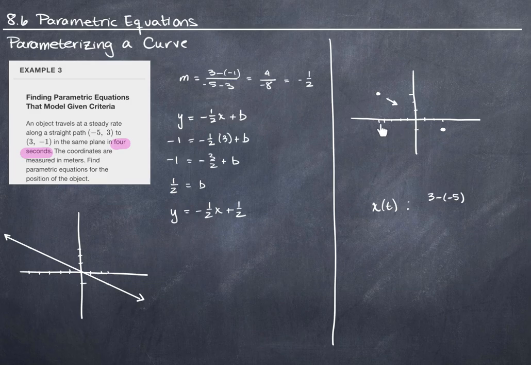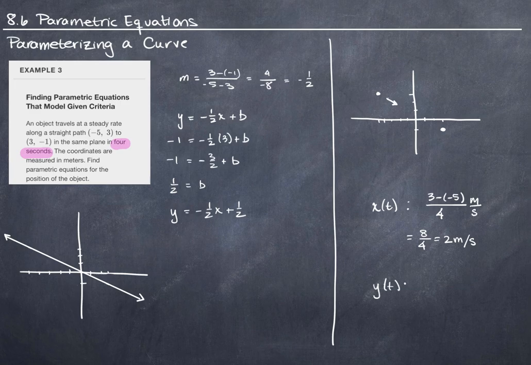That means that this -5 here means that we're back 5 meters from the origin. So we're going to travel this total distance of 8 meters, and we're going to do that in 4 seconds. Meters per second. That's a rate. Now, I have 8 over 4, which is 2, so I'm traveling at 2 meters per second in the x direction.